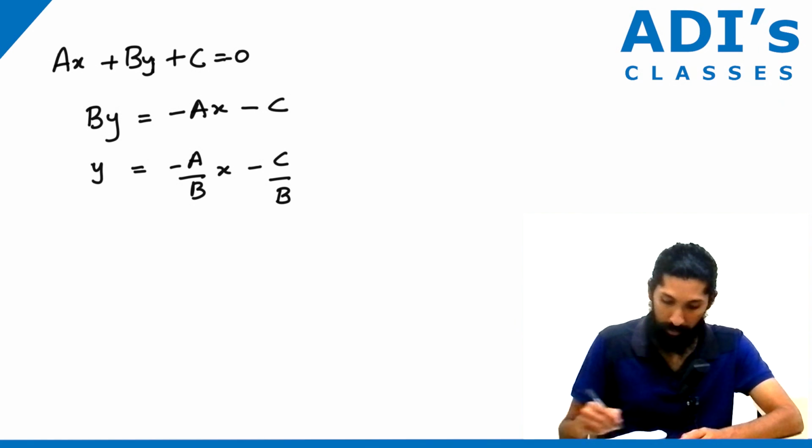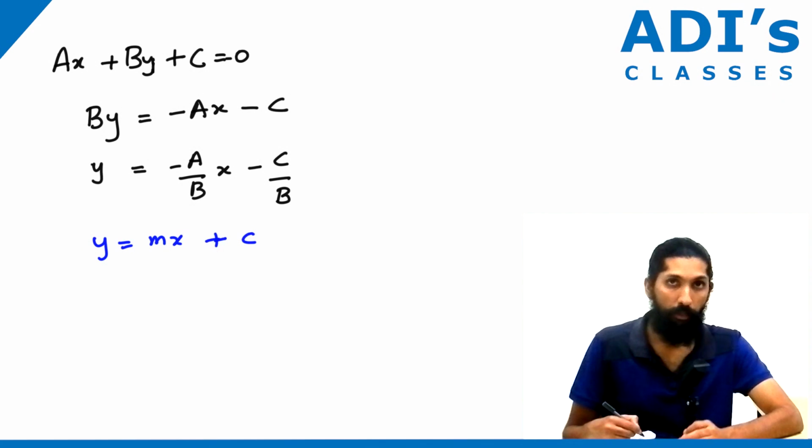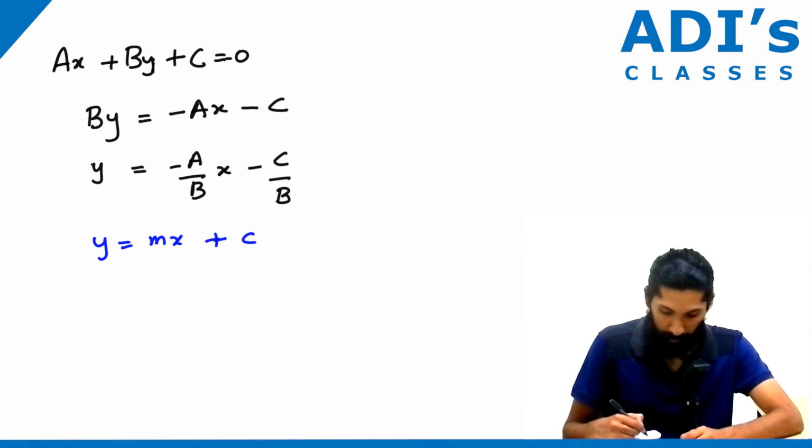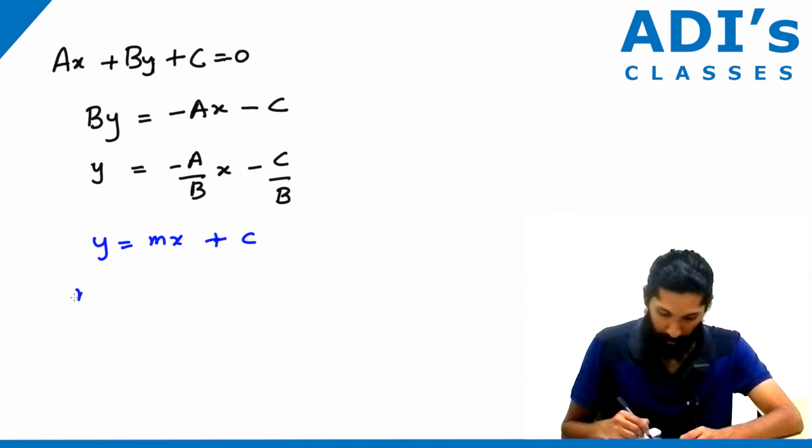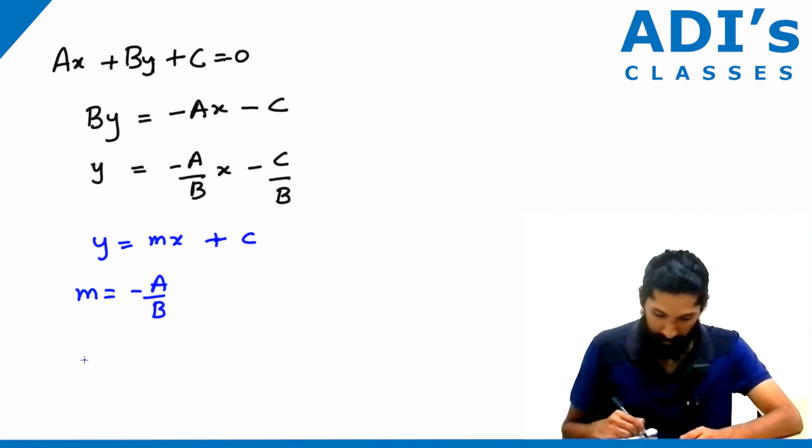Now compare this with the equation y is equal to mx plus c. So what do you get here? The value of m becomes m is equal to minus a by b and c is equal to minus c by b.